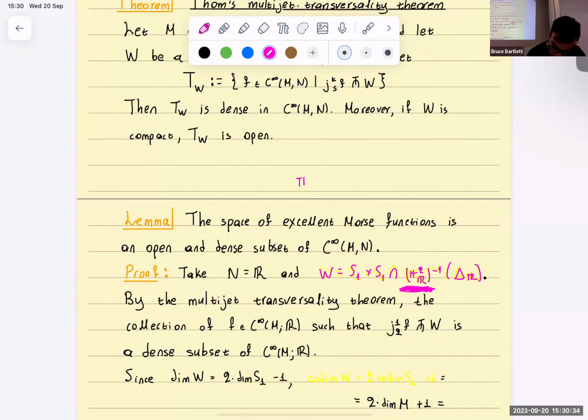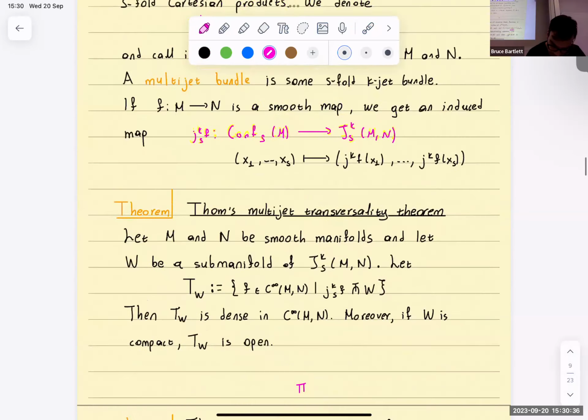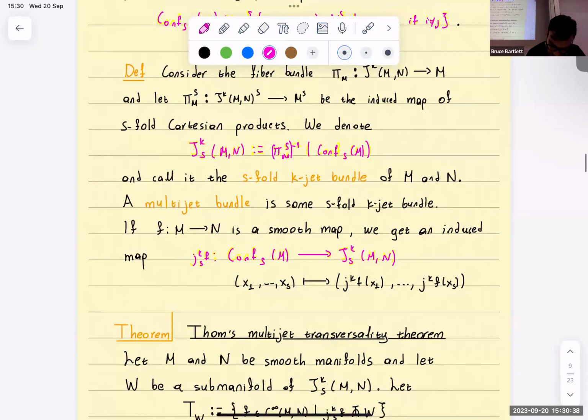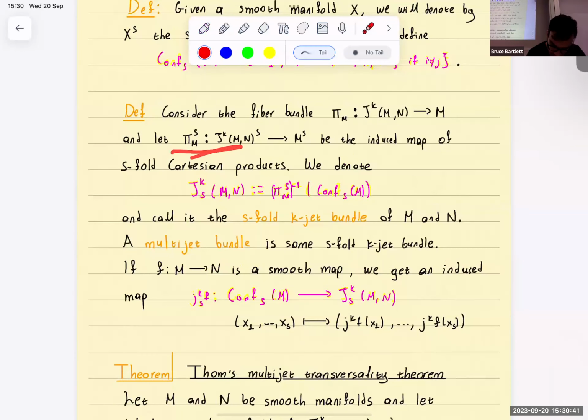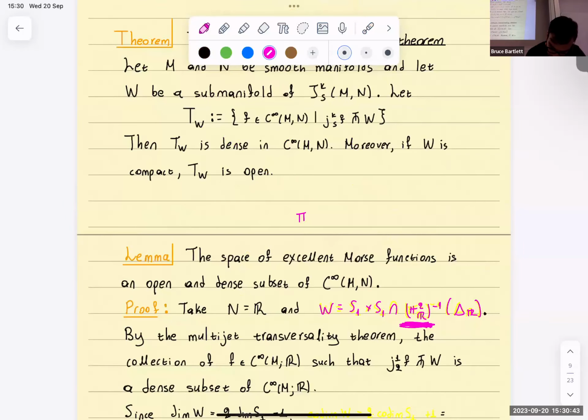I wrote it down here in generality, but let me spell it out.